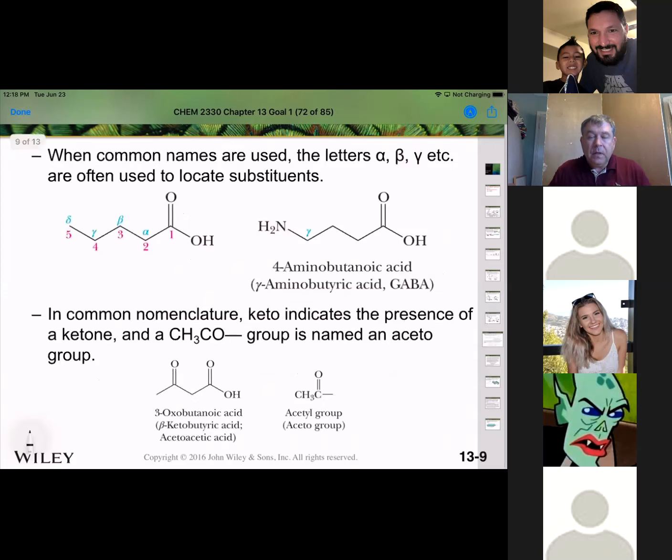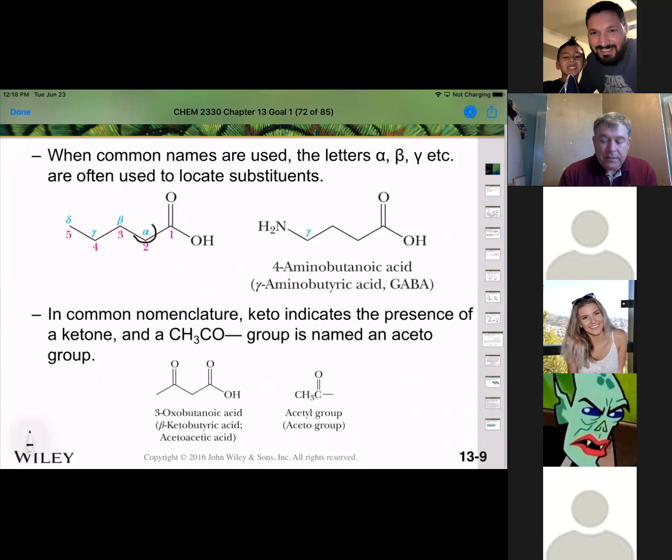Okay, so when we go to common names, there becomes a weird thing they do, because in our IUPAC names, we always number the carbonyl of the carboxylic acid as number 1. However, when we go to common names, we start with the carbon that is next to it, and we call that the alpha carbon, okay?